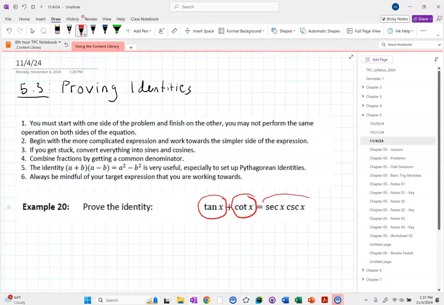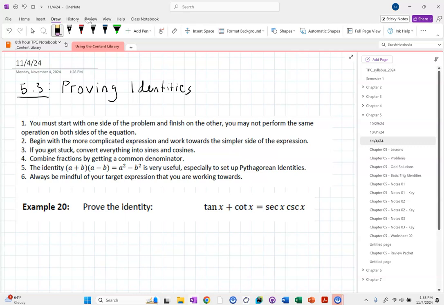When I look at the right-hand side, I see 1 thing. Now, I understand that the right-hand side has 2 things multiplied together, but in algebraic speak, this is like 1 term, this is like 1 term, this is like 1 term. What's more complicated, 2 terms or 1 term? 2 terms. I would start on the side with the addition. Everybody feel okay? All right.